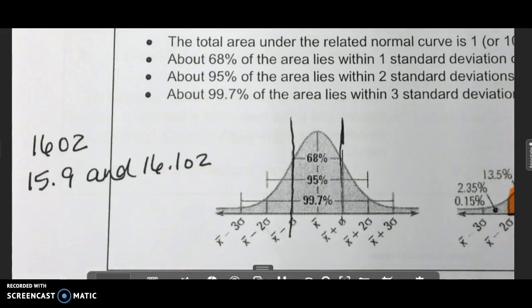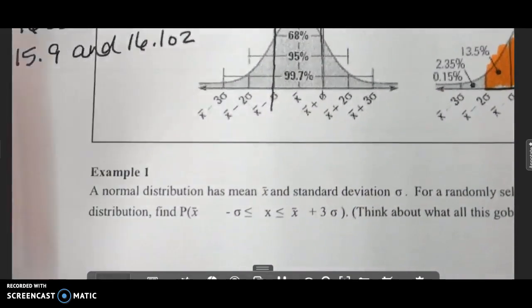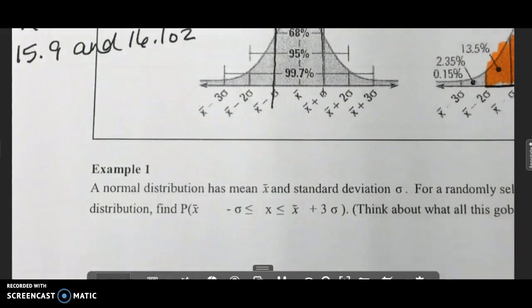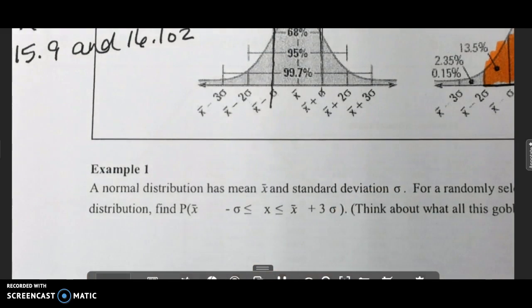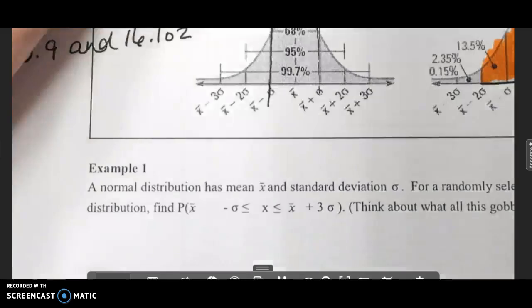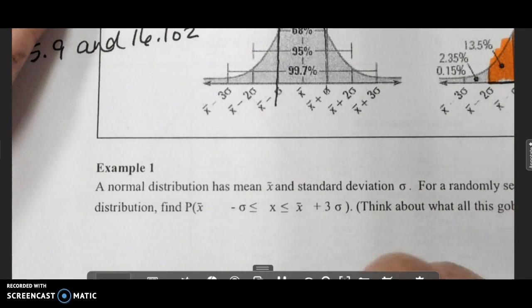All right, so a normal distribution has a mean of X-bar and a standard deviation of sigma, the little o with the curly. What that means is your average is going to be here, right in the middle.